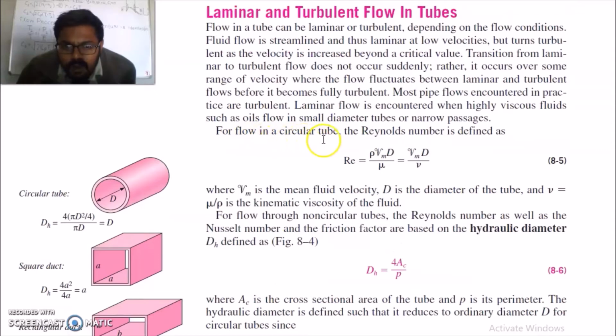For flow in a circular pipe, the Reynolds number is defined as density times mean fluid velocity Vm times diameter, divided by dynamic viscosity. You can replace it with kinematic viscosity. So this is the Reynolds number in case of pipe.